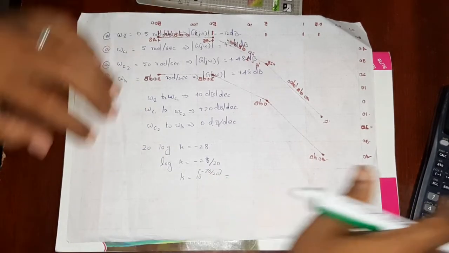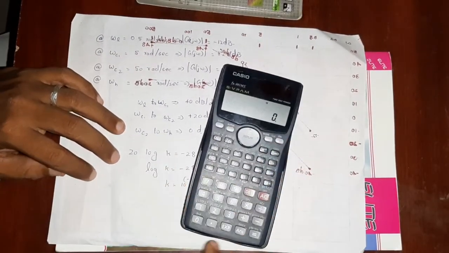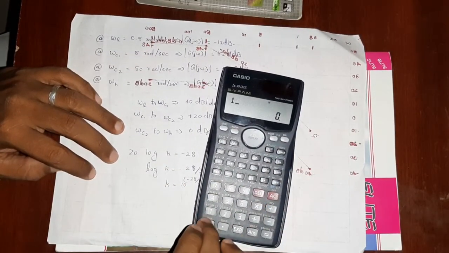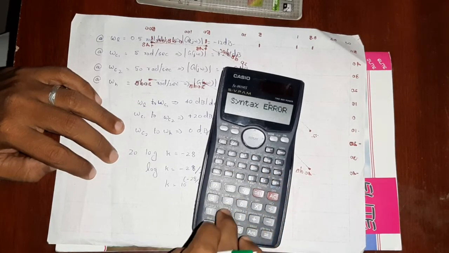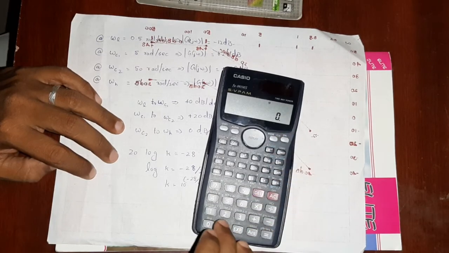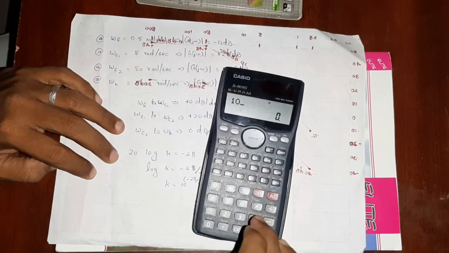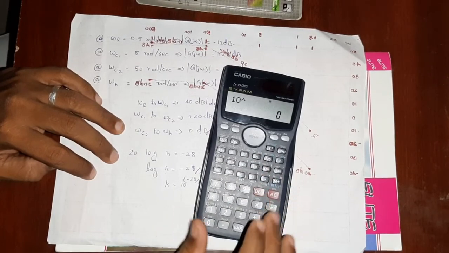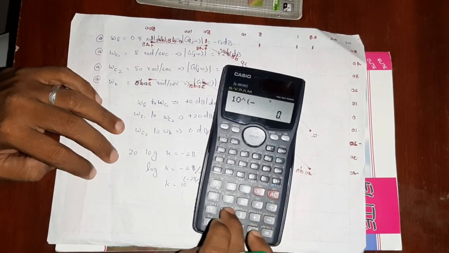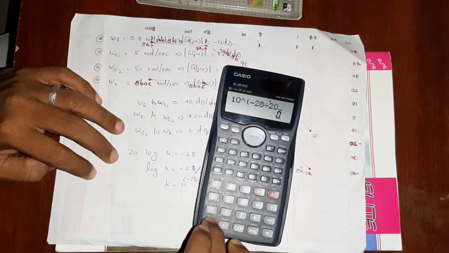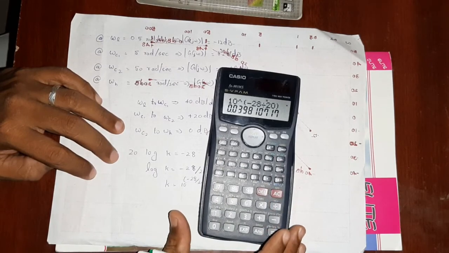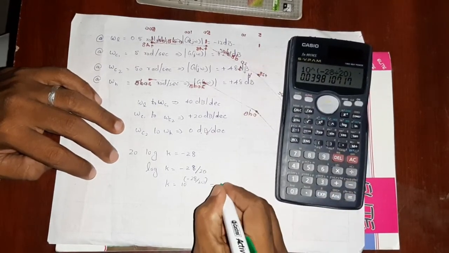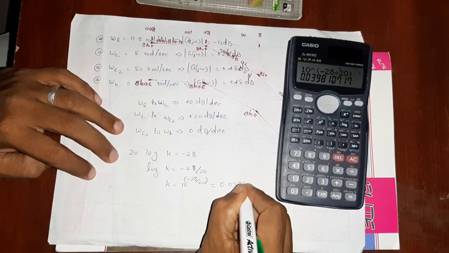So that is equal to 0.0398. So the value of k is 0.0398.